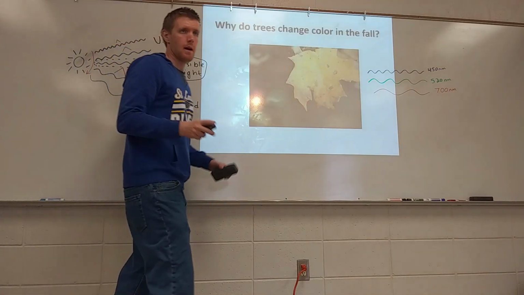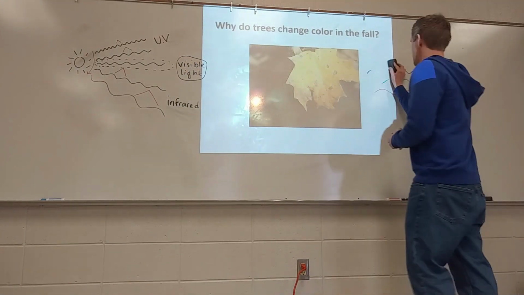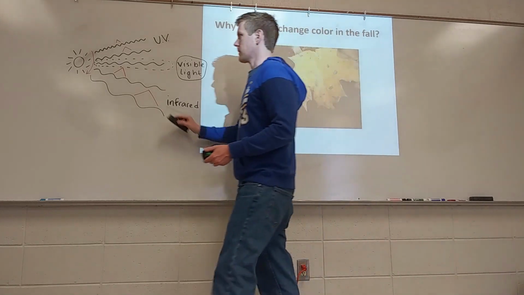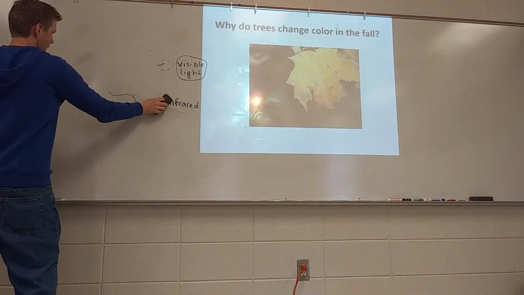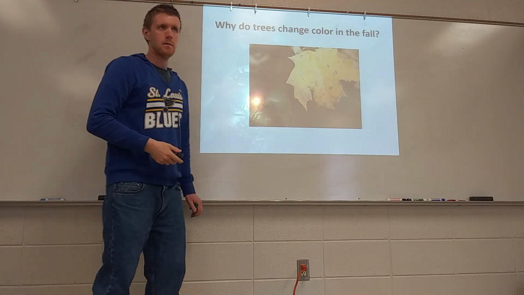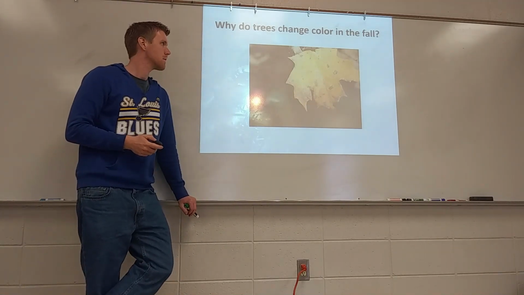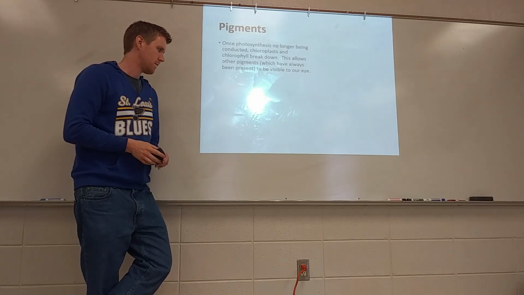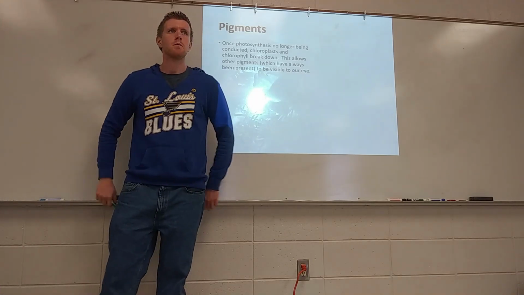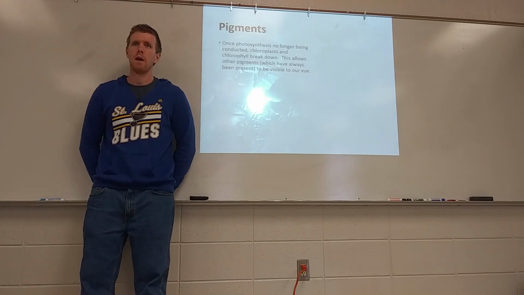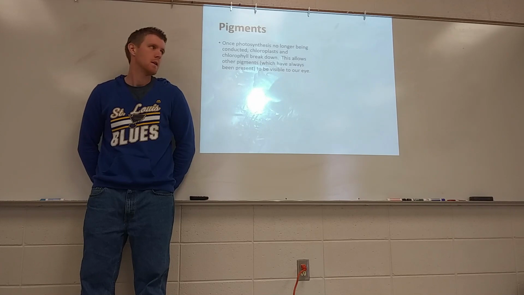So that leads to another question. Trees change color in the fall. At least some of them do. Deciduous trees do. Those are the ones that shed their leaves on an annual basis. That's a maple leaf. It's yellow. Why is it yellow? So, in the fall, the temperatures and the day length are not really sufficient to keep doing photosynthesis as the plant had been doing all spring and summer long.